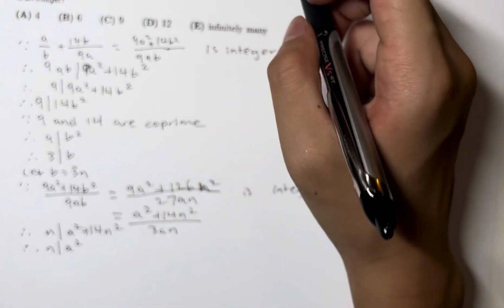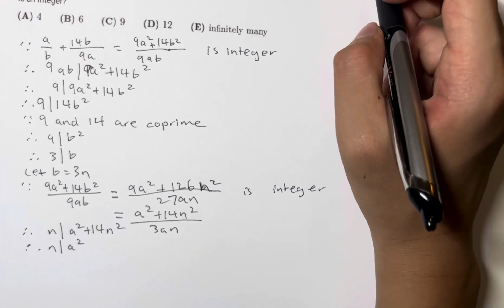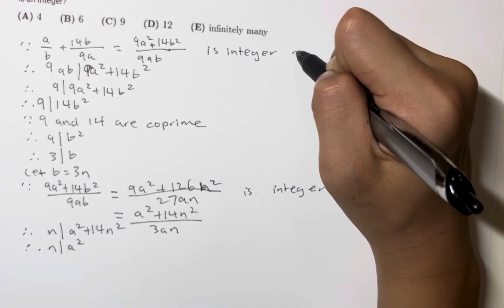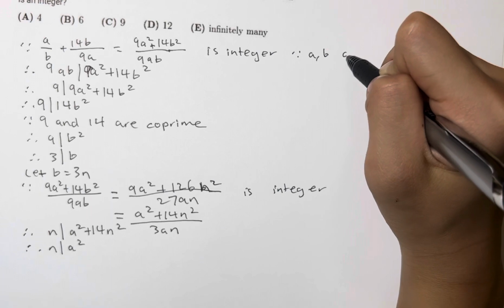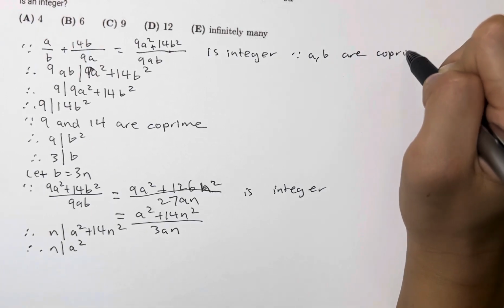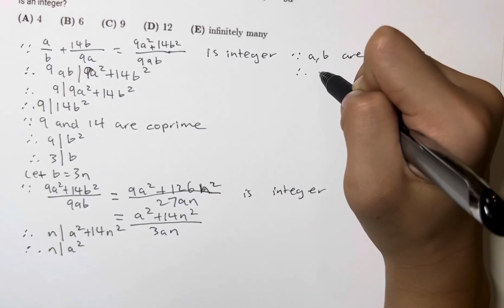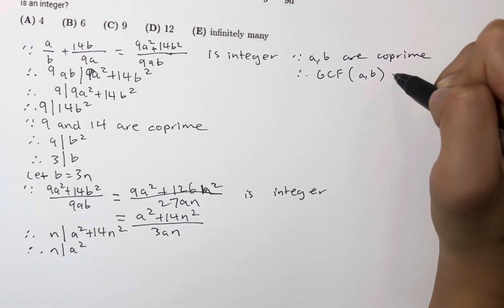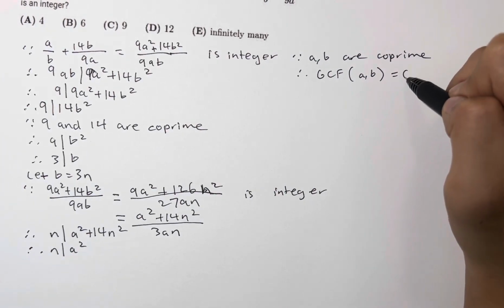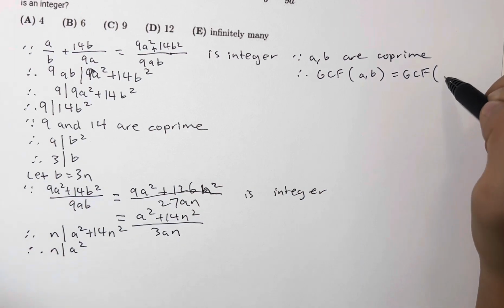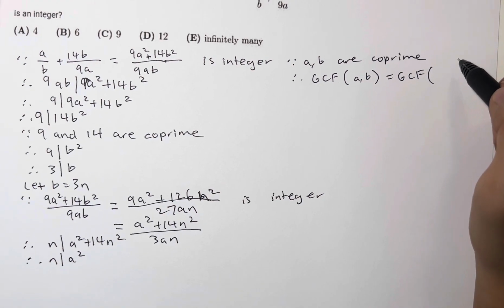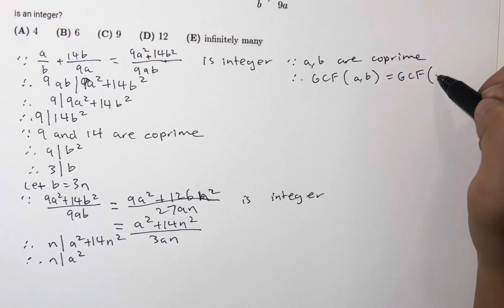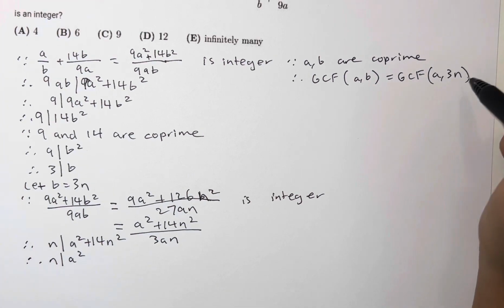And now we can use the property that a and b are co-prime. Since a, b are co-prime, the GCF of a and b equals 1, but this also equals the GCF of a and 3n.